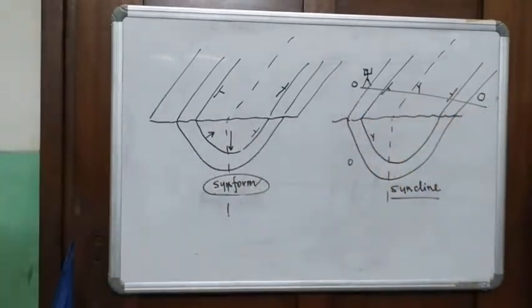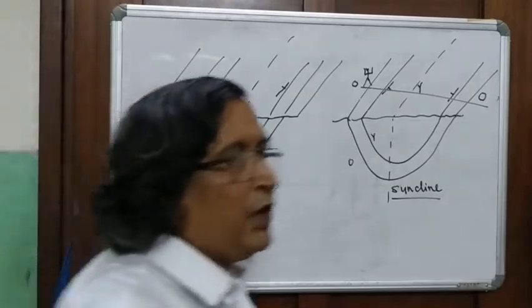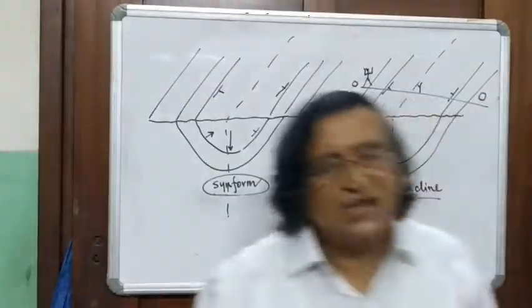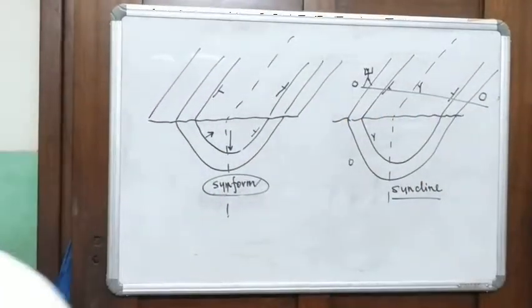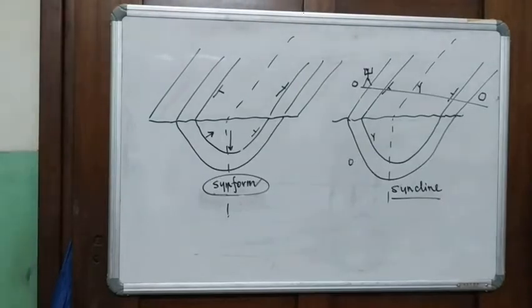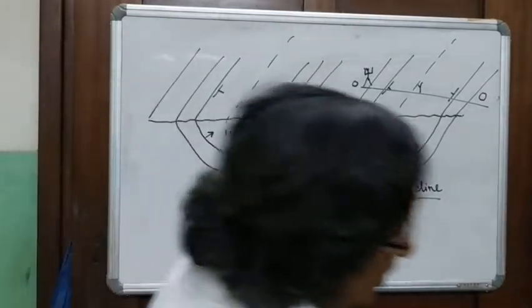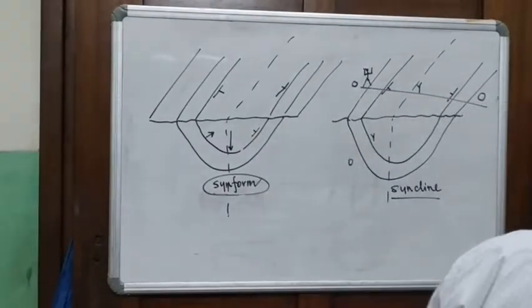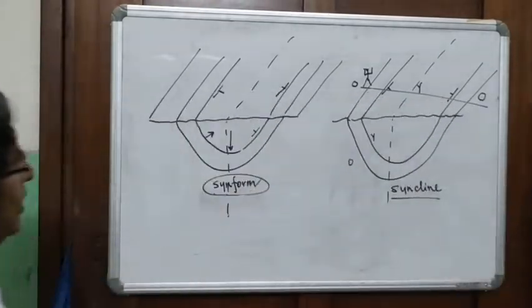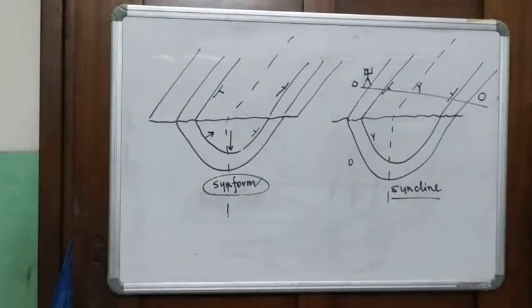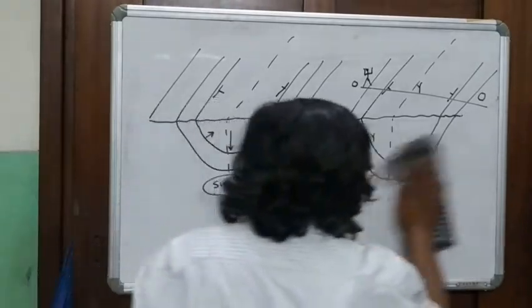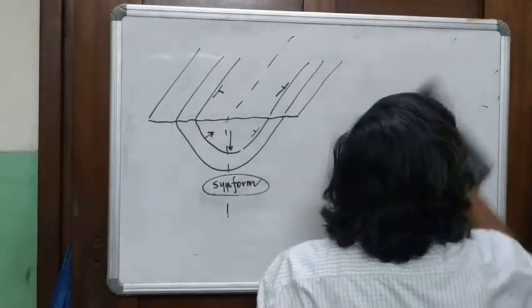So the flanks are older rocks, and the cores are younger rocks. That is what it's all about. Synform and synclines.